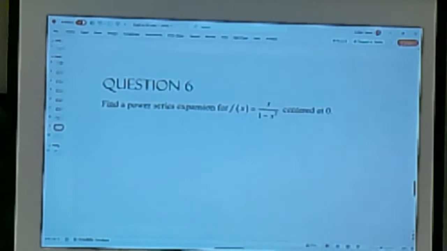That kind of resembles 1 over 1 minus r, doesn't it?